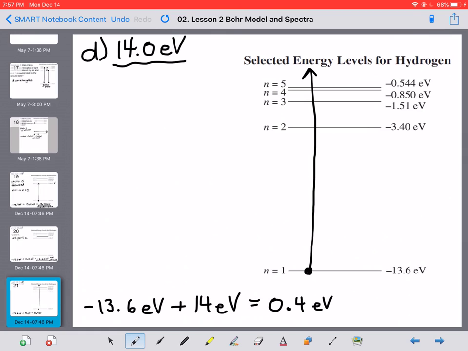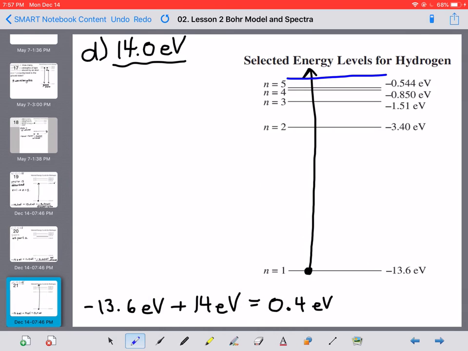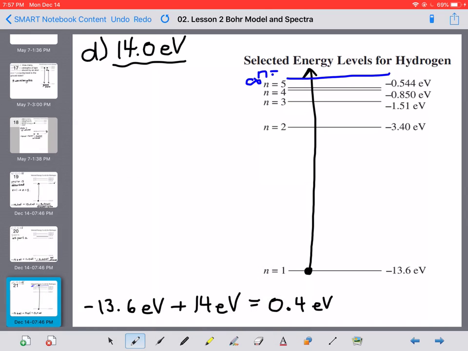Okay, so it's not going up to the 5th energy level, it's going up even beyond the ionization level. So let's say the ionization level is right here. So ionization is where n equals infinity. This electron has more than enough energy to go past the n equals infinity level.